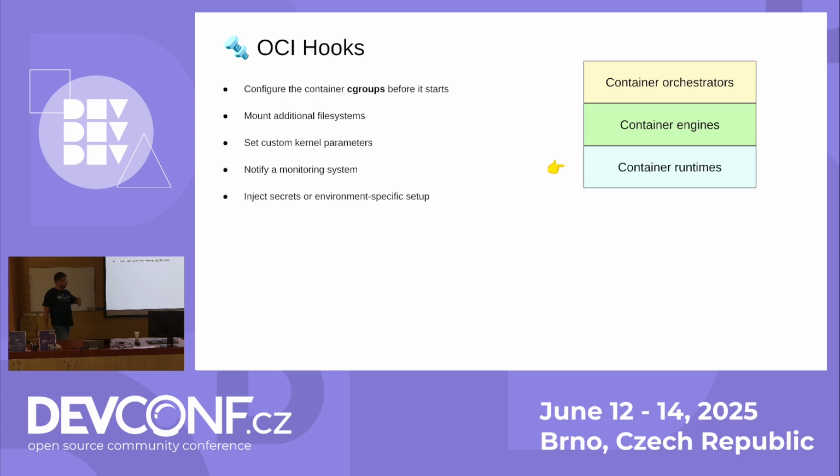If the application needs access to the kernel driver, to the GPU driver, and it needs some parameters to be passed, these parameters need to be calculated at runtime, and they cannot be calculated by the engine or by the config.json spec. So you have to use hooks. Also, using hooks, you can configure resources on the control groups level, the cgroups level, when the runtime cannot do it.